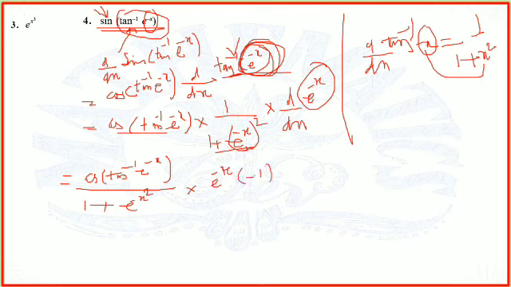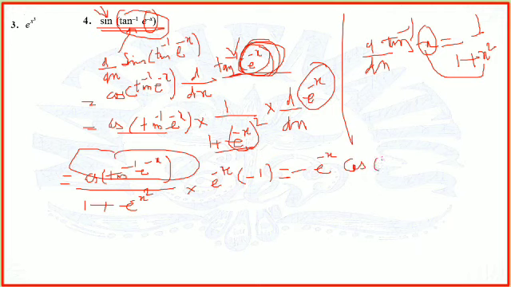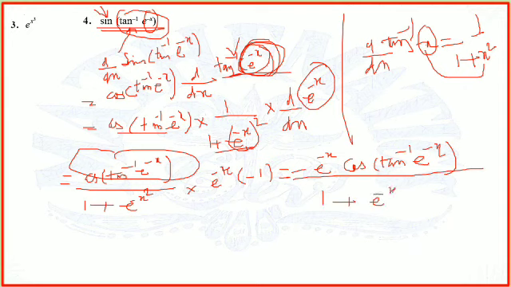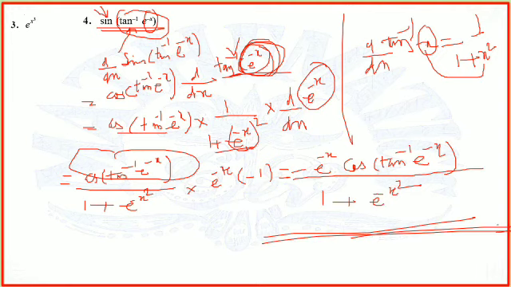So I am writing directly here, which is equal to minus e to the power minus x into cos tan inverse exponential minus x upon 1 plus e to the power minus x square. So that's all about question number 4.